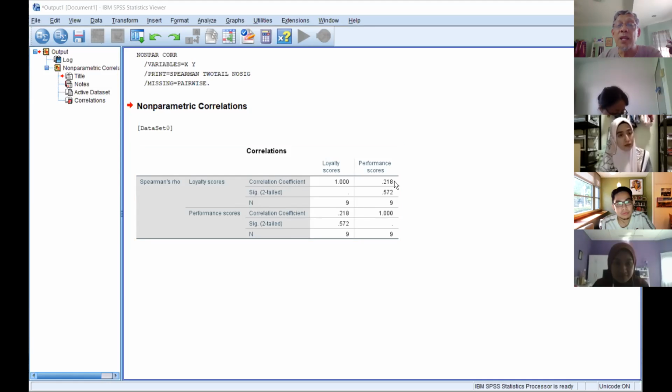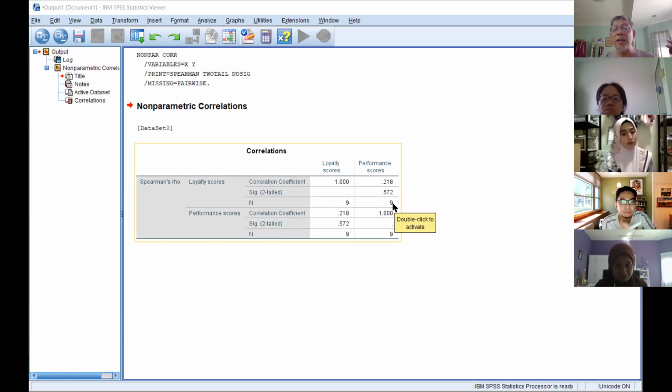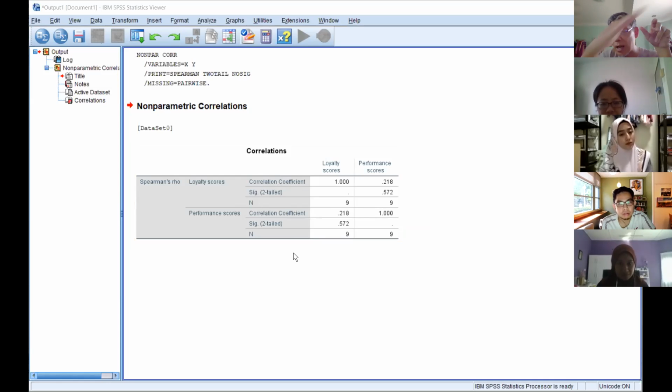That means in this case, the first value reported, 0.218, is your rs. The second value is your p, the significance value for the rs, and 9 here refers to sample size. The values on the upper portion and the lower portion will be the same. And that's why we call this a correlation matrix table. The value on the diagonal will always be 1. Why? Mahfuz, why is the rs value in the diagonal always 1?